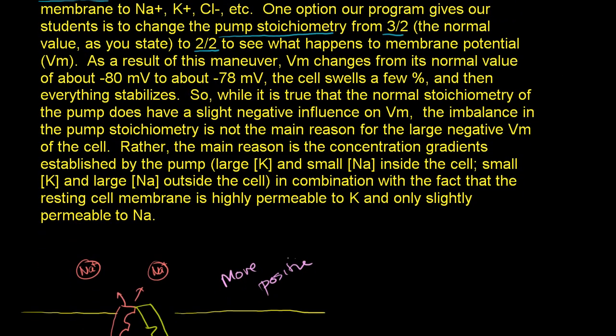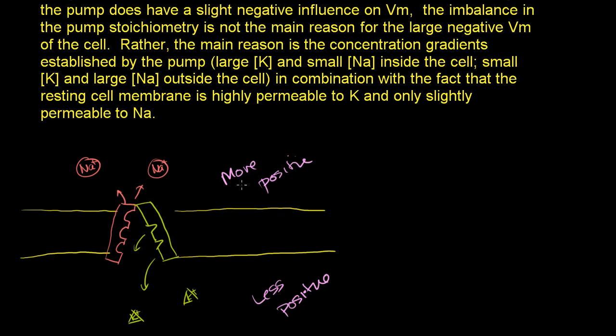So what that means is they have a simulation program that says, well, what if the sodium potassium pump, instead of pumping 3 sodiums out for every 2 potassium it pumps in, what if it was even? What if it was 2 sodiums and 2 potassiums? And based on my explanation of why we have this potential difference, that should not lead to a potential difference if the main reason was the stoichiometry, the ratio of sodium being pumped out to potassium being pumped in.